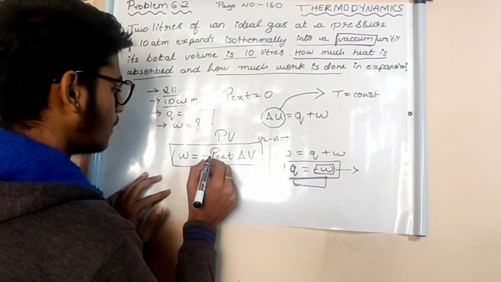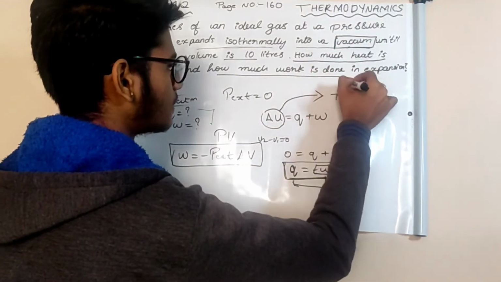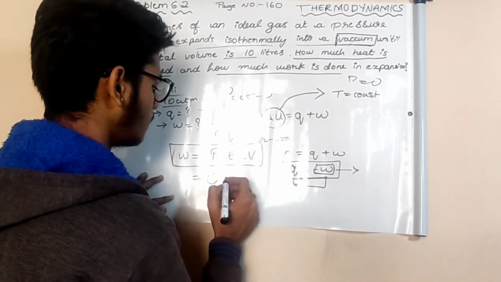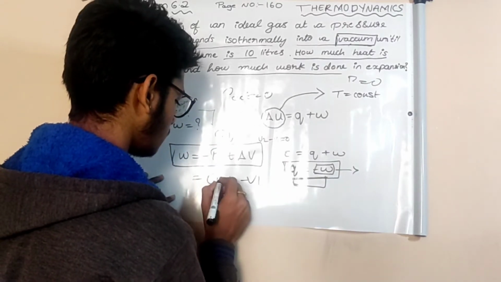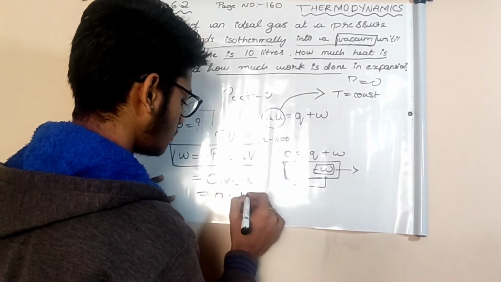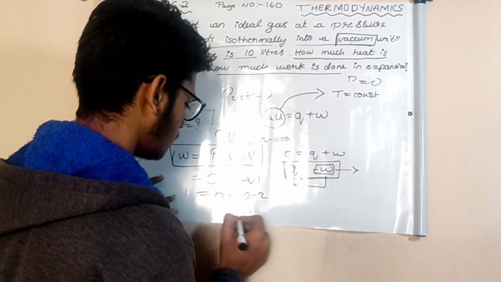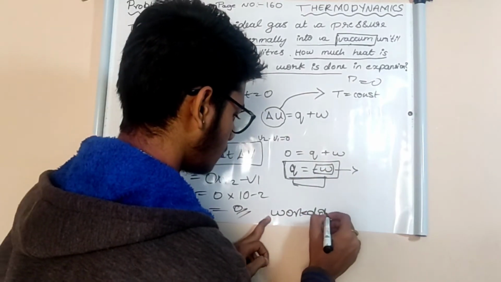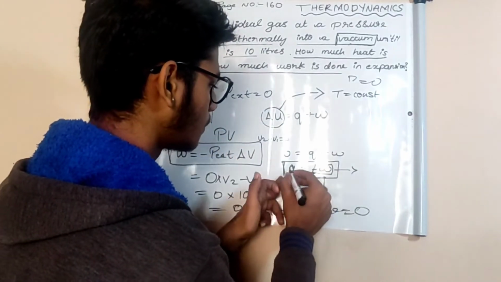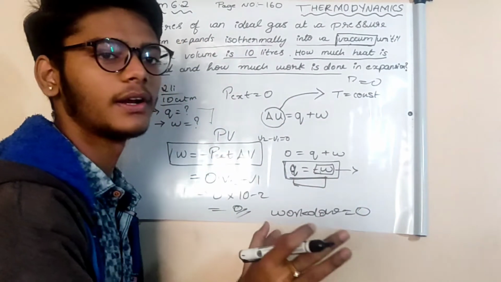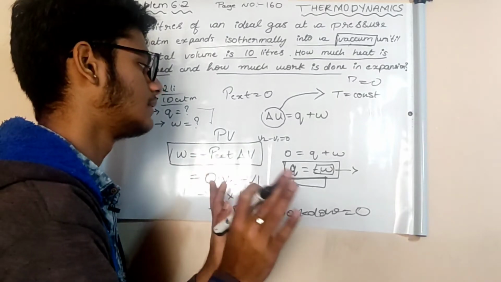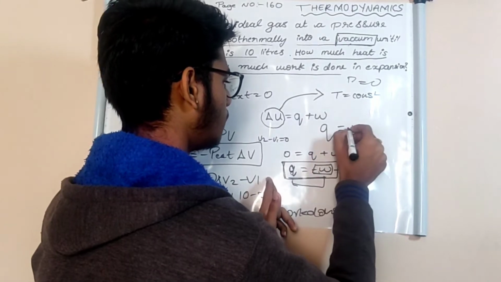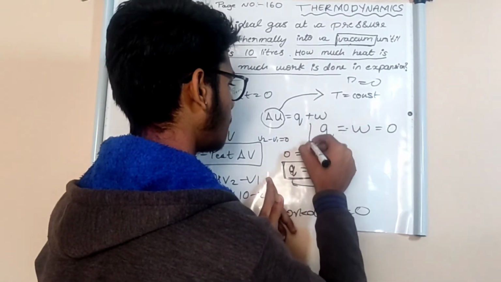As I told, in vacuum external pressure is equal to 0. Put this here: 0 into delta V, V2 minus V1, 0 into 10 minus 2, is equal to 0. So work done is equal to 0. So Q is equal to minus W, which is 0. There is no supply of heat and no work is done by the system. So here Q is equal to minus W is equal to 0.